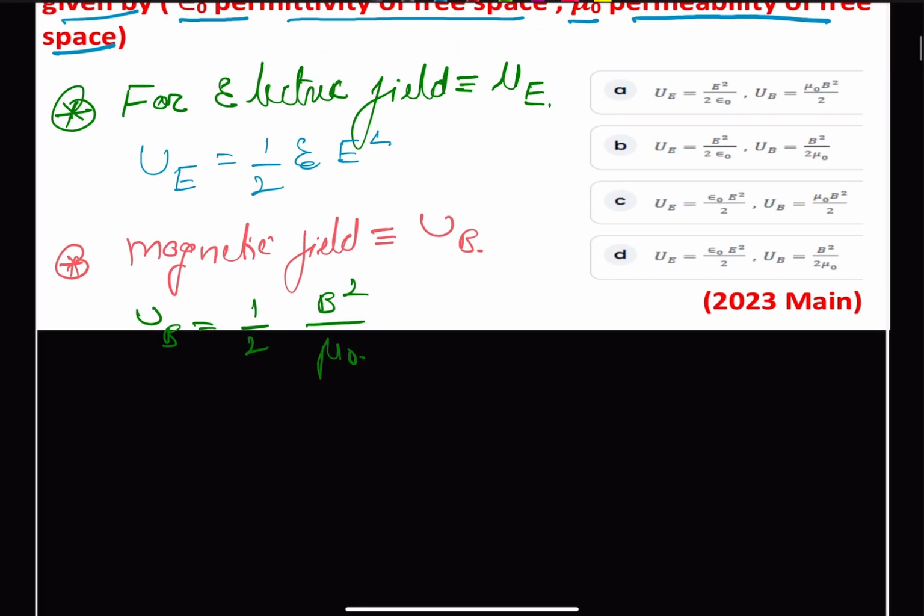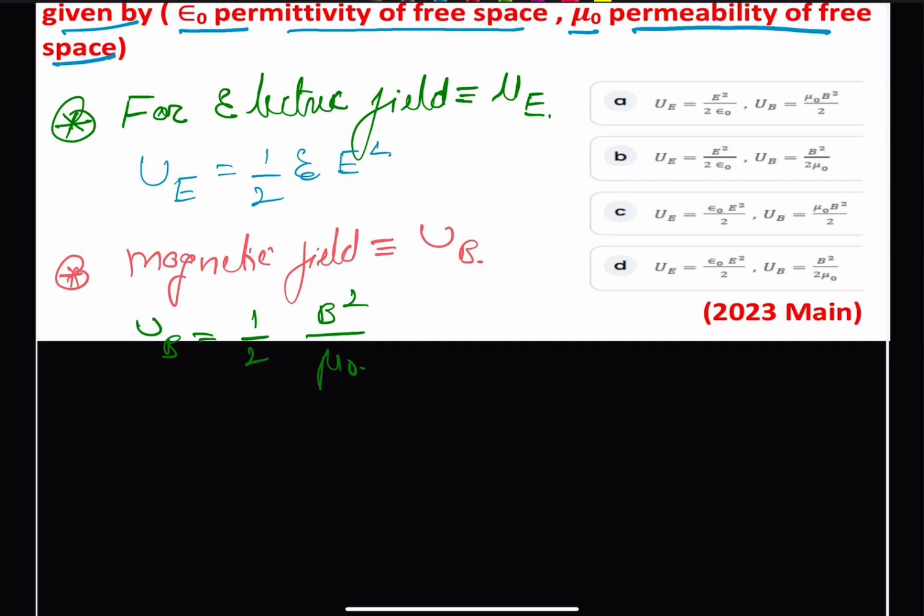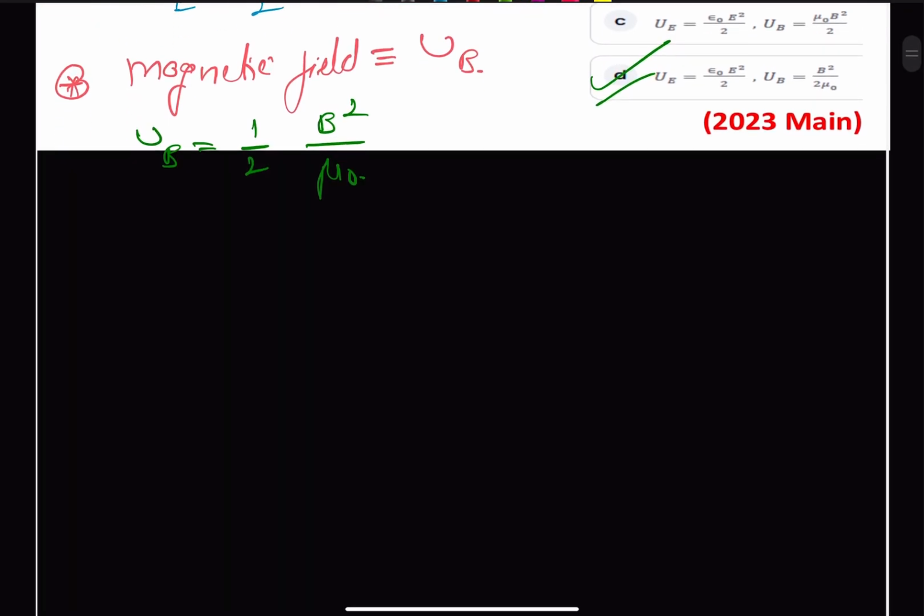So it is half epsilon naught E square, and option D is the correct one.